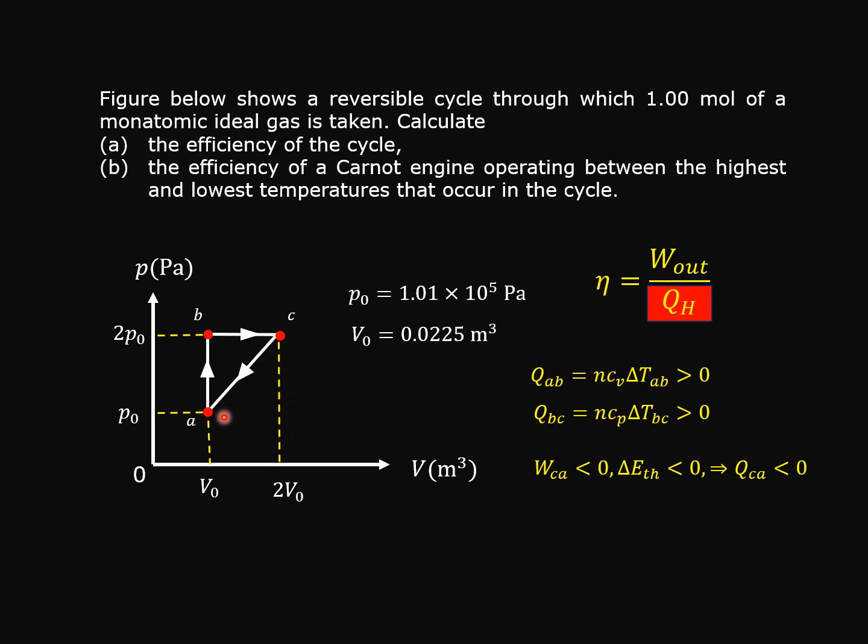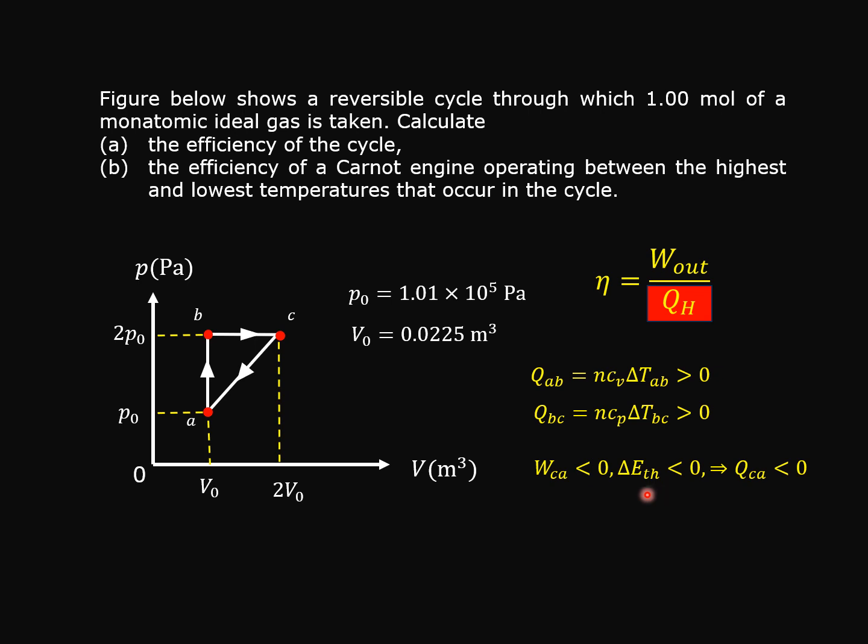And because the temperature TA is less than the temperature TC at state C, that means when the gas evolves from state C to A, the temperature drops. That means the internal energy change in this process would also be a negative value.